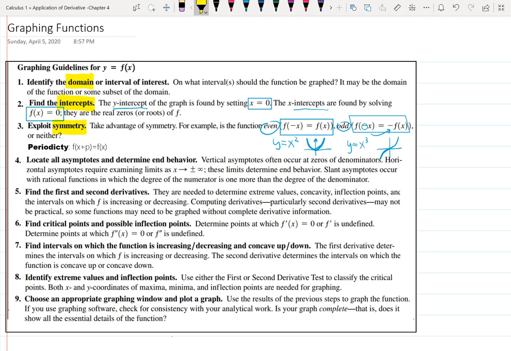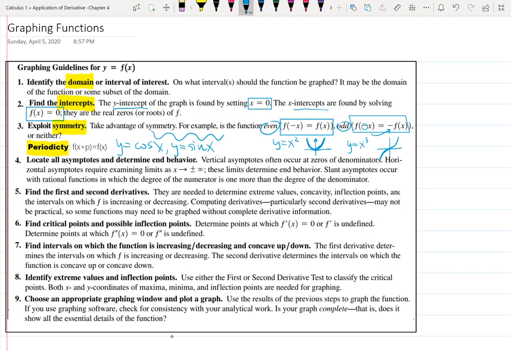Periodicity will be important, so you need to figure out if the function has a period. What are the periodic functions you know? Well, definitely cosine and sine x, right? Those keep repeating and repeating, and that's why they're so good at representing sounds and waves.